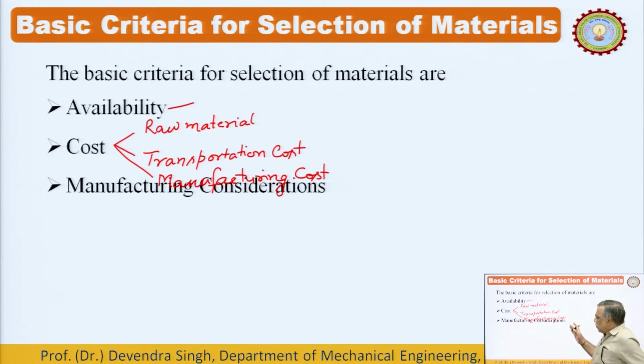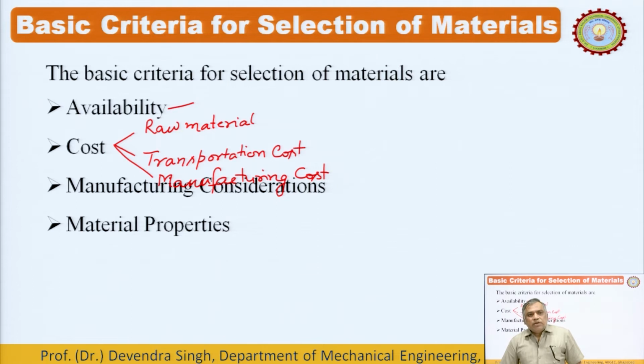In fact, the manufacturing properties, whether welding, machining or forming is required, these properties we should consider when we select the material. If the material we select is one for which manufacturing is not possible, or the process we need to perform on the raw material is not suitable, then it will be very difficult, if not impossible, to get the final product.